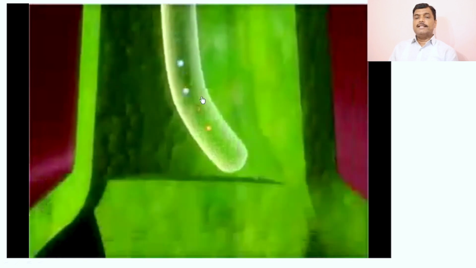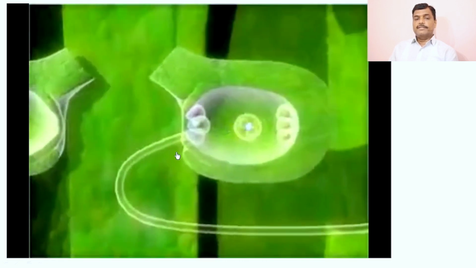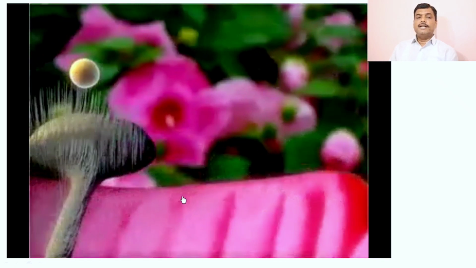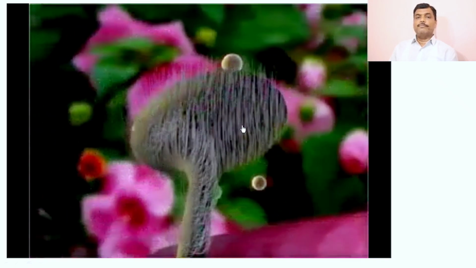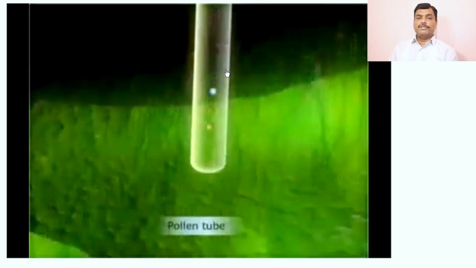In the pollen tube, the generative nucleus forms the two male gametes. Then the male gametes enter into the embryo sac. One fuses with the egg cell, another with the secondary nucleus. So two different types of fertilization take place. Therefore, it is known as double fertilization. Then we will see the actual process of fertilization. The pollen grains are deposited onto the stigma.